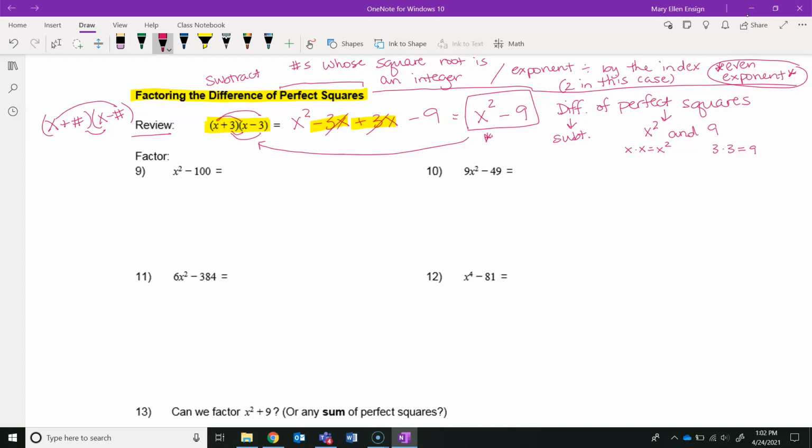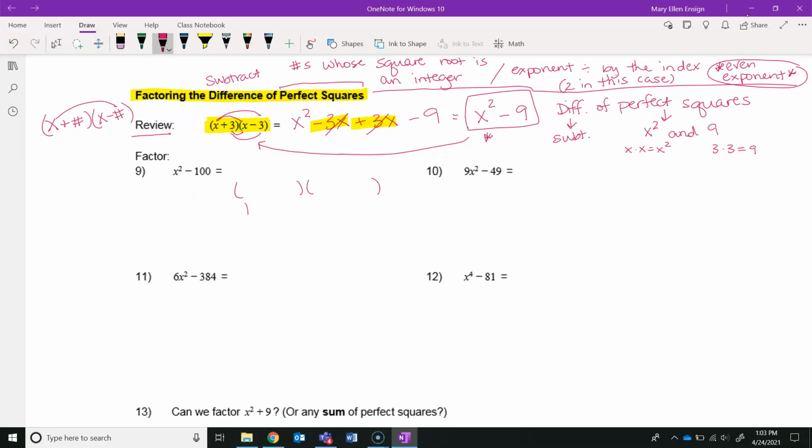So now I look and say, okay, I have something with two terms. Is it the difference of perfect squares? Well, it's a subtraction, and both of these are perfect squares, yes. So I'm going to factor this. Actually, let me move this over a little bit. Okay, so I'm going to factor this.